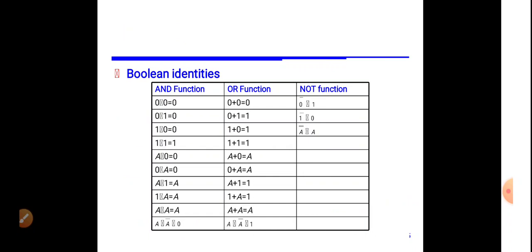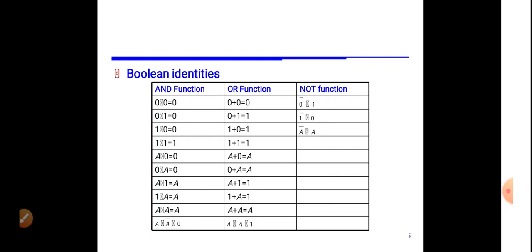Here I am giving a relationship between the Boolean variables as well as Boolean constants. Such relations are called Boolean identities. In Boolean identities, I am going to make a relationship between the constants as well as the variables.